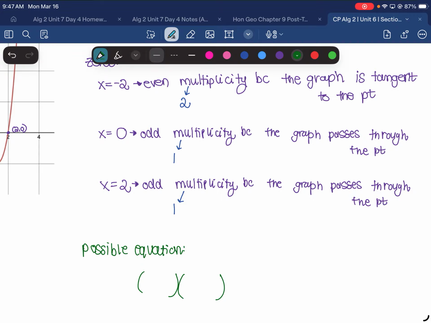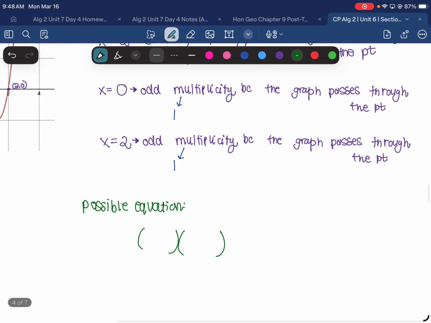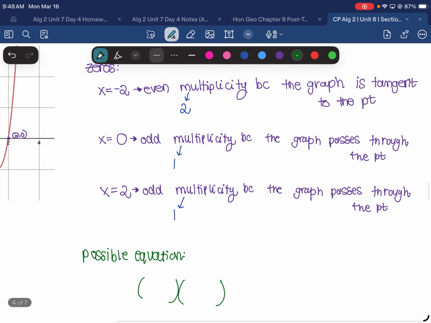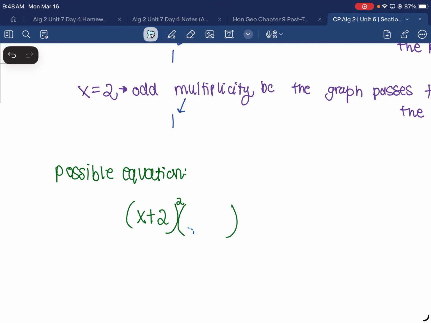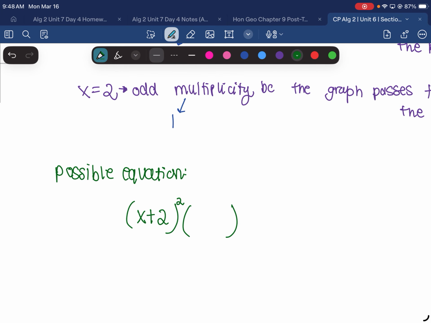We did the opposite of it, where I gave you the equation and you figured out what the zeros or the x-intercepts might be. What did you do with the sign of it, Lizzie? Switch the sign. So my equation, instead of x minus 2 for this first one, what should you use? Okay, and if that has a degree of 2, I'm going to square it. Right?